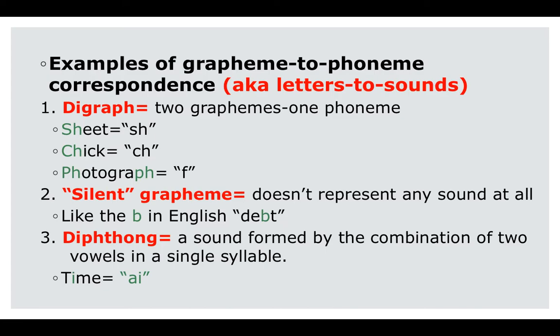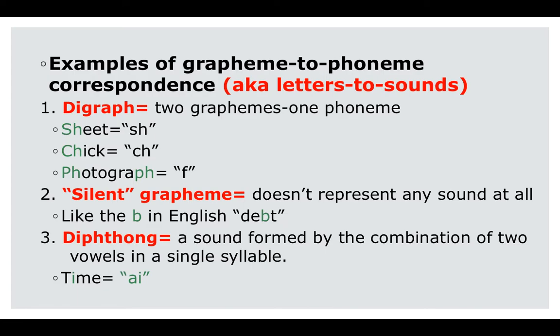All right. Examples of grapheme to phoneme correspondence. So what does that mean? It's a fancy way to say letters to sounds. A digraph is two graphemes that make one phoneme. So S and H, each is a grapheme, right? S is a letter, H is a letter, but the phoneme says "sh," just like chick and photograph, right?